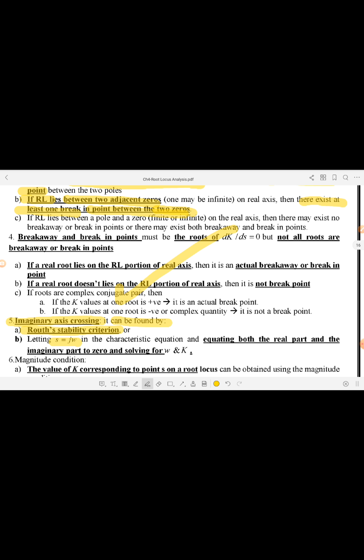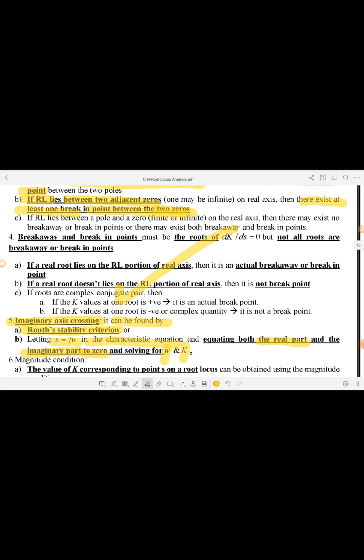So if we substitute s equal to j omega in the characteristic equation, we will get two equations, one regarding the real part and the other regarding the imaginary part. Both of them should be equated to 0. This means that we have two equations and two unknowns. What are the two unknowns? They are K critical and omega critical.